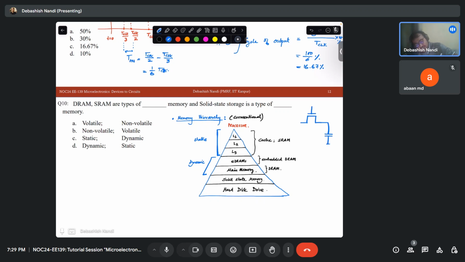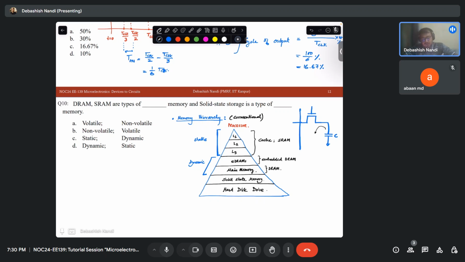There is some capacitance. So these are your word lines and bit lines. So what happens is that suppose you are not refreshing, or recharging, your capacitance.